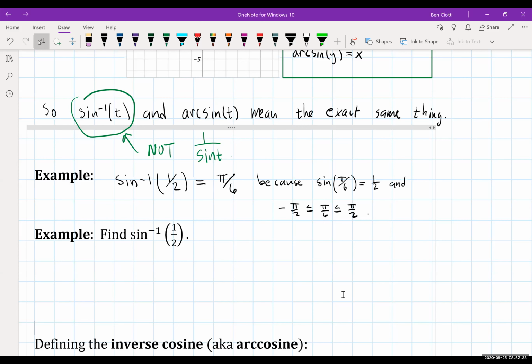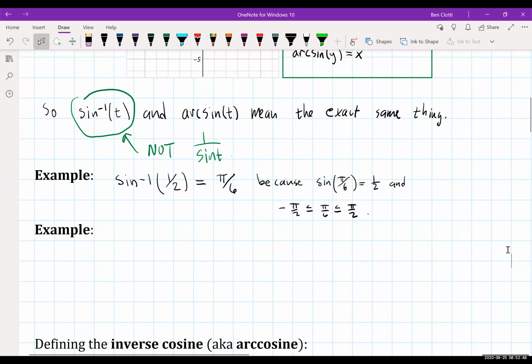Wait, actually, I just did this example. Here, forget this example. I'm going to change this. Now, here's another example.